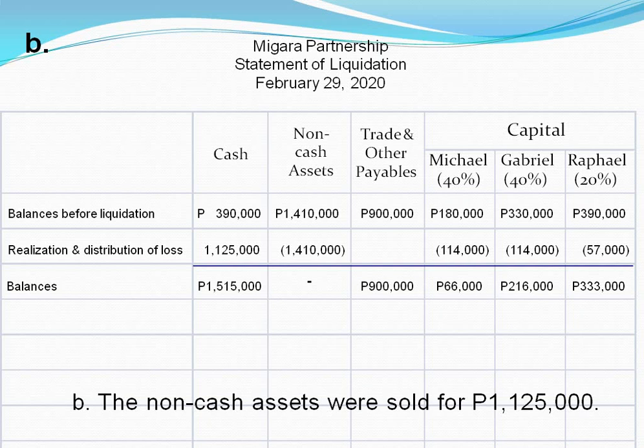After realization, what's the next step? Payment of outside liabilities. Upon payment, trade and other payables decrease, while cash also decreases by the same amount, 900,000. Balances again.